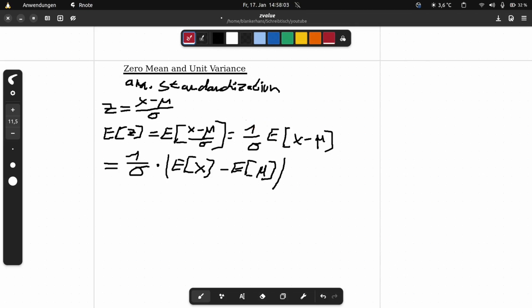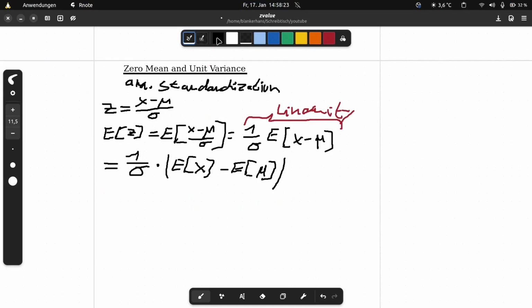So here we used linearity. And yeah, let's continue. So what is this?